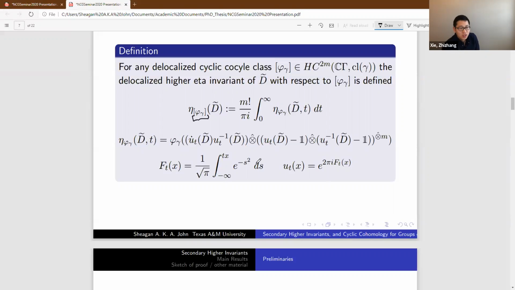Yeah, so indeed, it can give you more information. I guess one point for this kind of application is that you have to make sure that the information is coming from the K-theory of the C*-algebra.